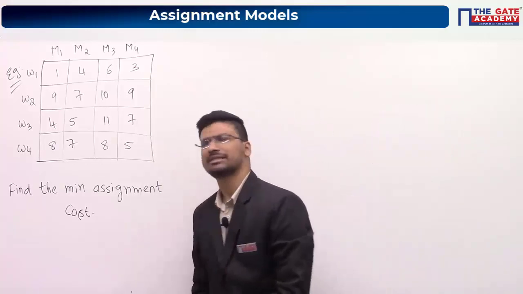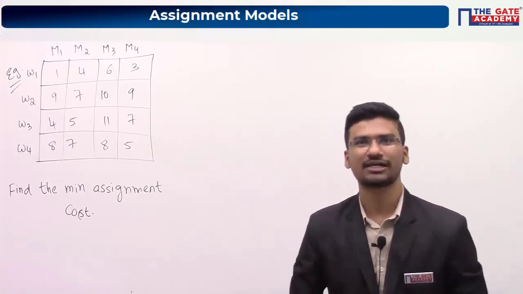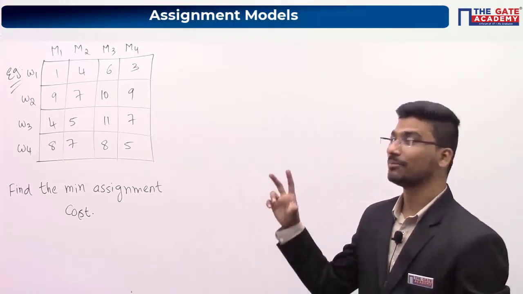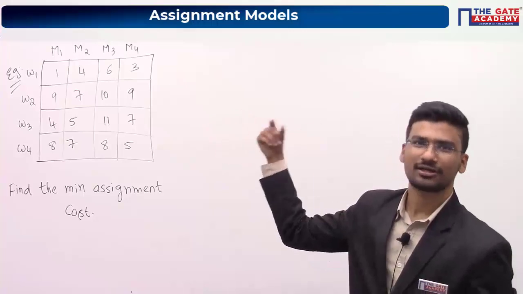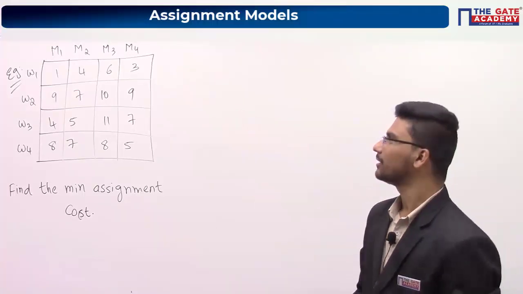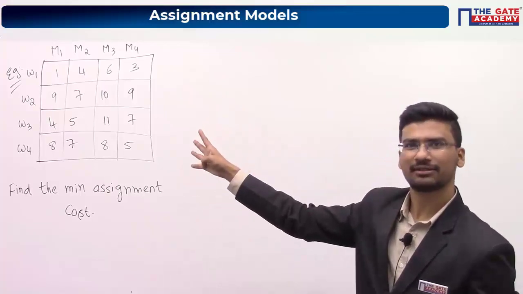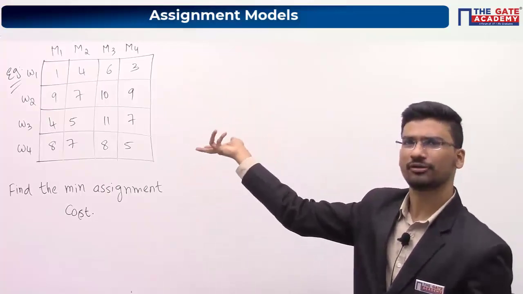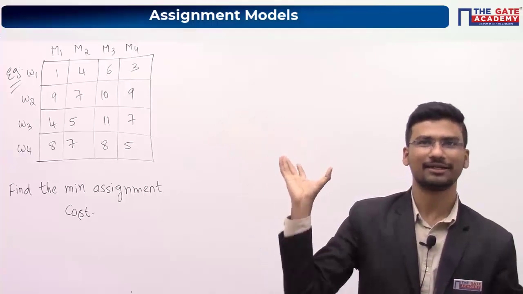Same, you have to find the minimum assignment cost. Start with row reduction, column reduction. If the number of assignments is less than 4, then you have to use the straight line method, because we need 4 assignments here.